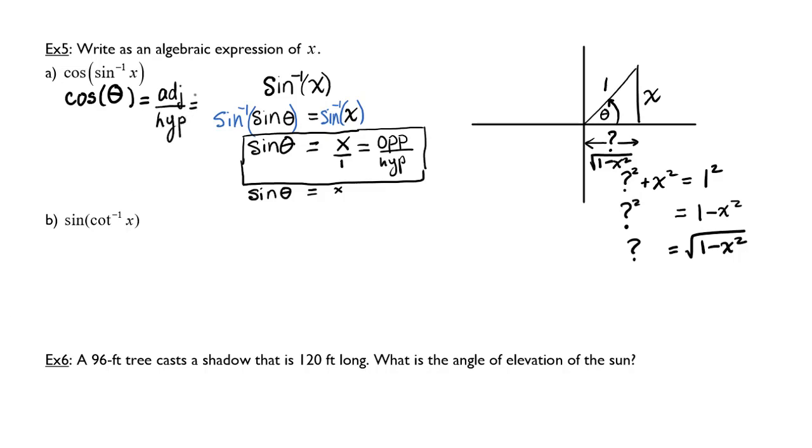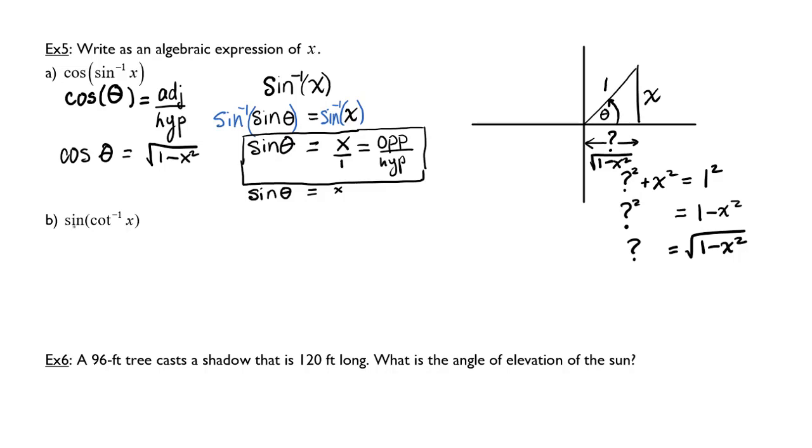So I can write cosine of theta with respect to the sides that I know I need. Adjacent is the square root of 1 minus x squared. Hypotenuse is 1. So I can rewrite cosine of theta as equaling the square root of 1 minus x squared.